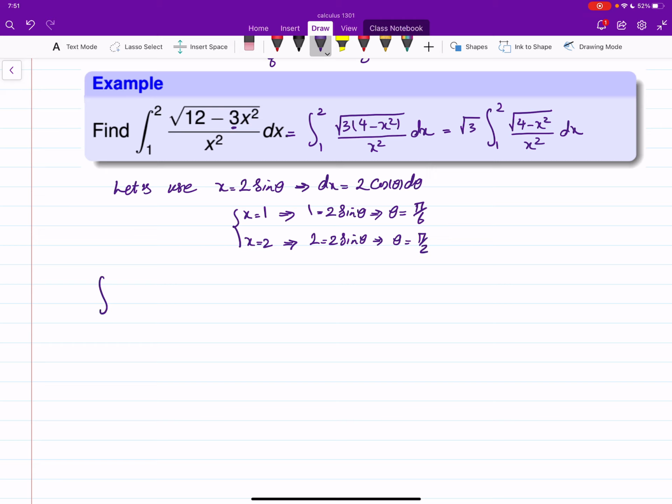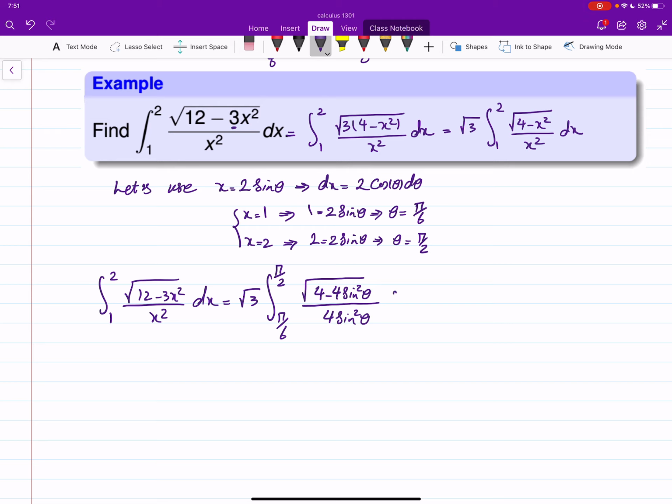So my integral from 1 to 2 of root of 12 minus 3x squared over x squared dx now turns to root 3 integral from pi over 6 to pi over 2 of root of 4 minus 4 sine squared theta over, in the denominator, 4 sine squared theta, and dx is 2 cosine theta d theta.